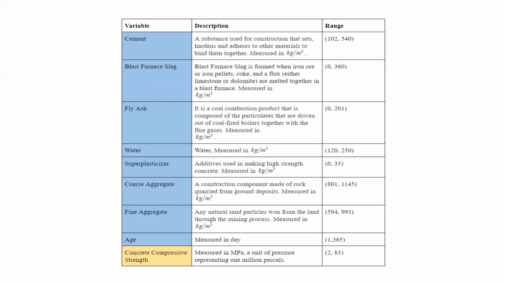And here are some basic descriptions of variables. As we can see, the variable named concrete compressive strength, which is marked as yellow, is the one we need to predict. And the variables marked as blue are the potential variables we need to check whether they have influence on prediction.